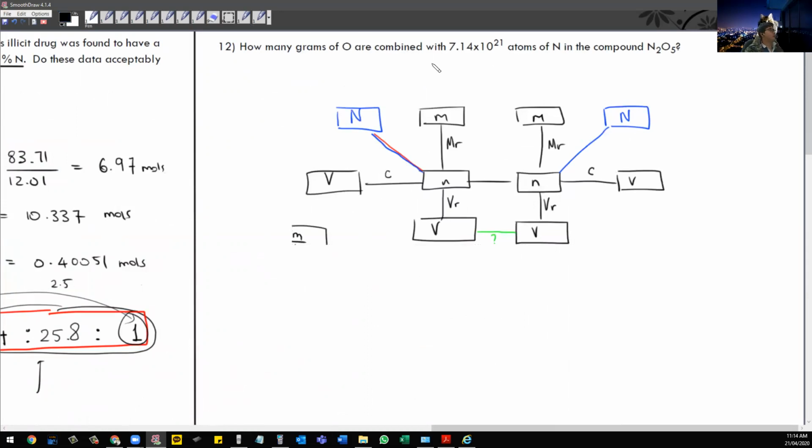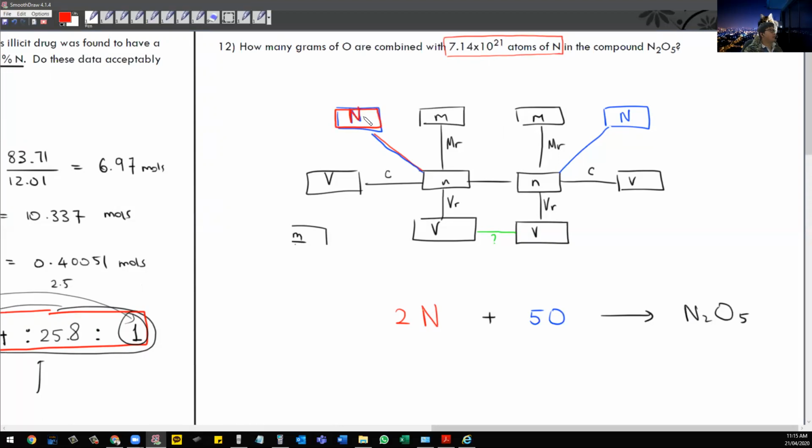So what we are doing is we are starting with number of atoms of nitrogen. So we've got 2N plus 5 oxygen give you N2O5. What they are asking us to do is start from there.